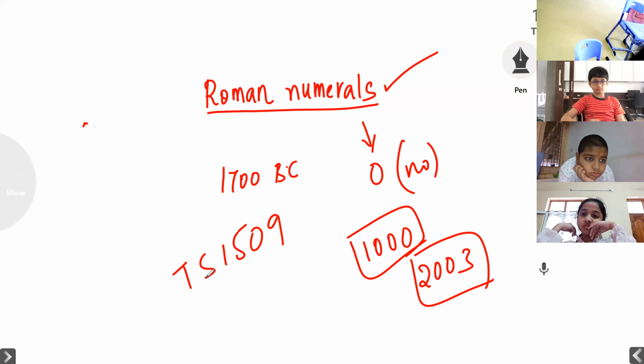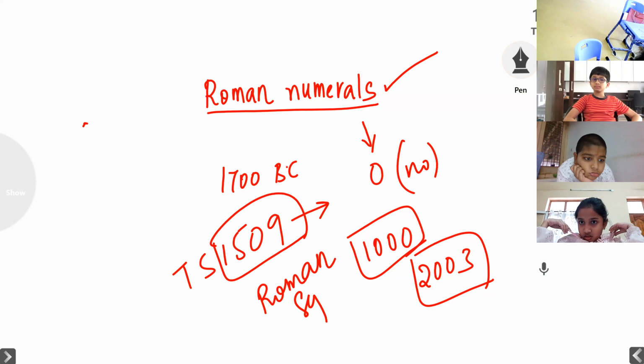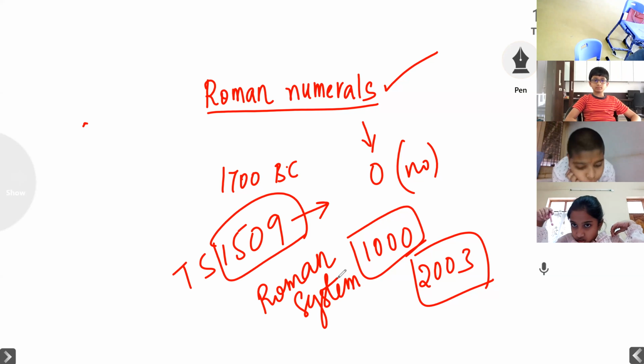This made it a problem to frame the numbers in the Roman system. They were not able to frame such numbers in the Roman system. So there were many drawbacks with the Roman system, and generally we use the Hindu-Arabic system.